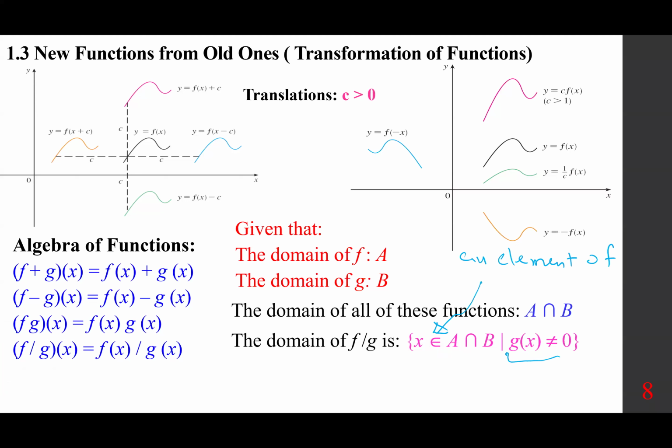This line segment is read 'such that'. And f of g of x is equal to f of g of x. G of f of x is g of f of x. Composite functions.